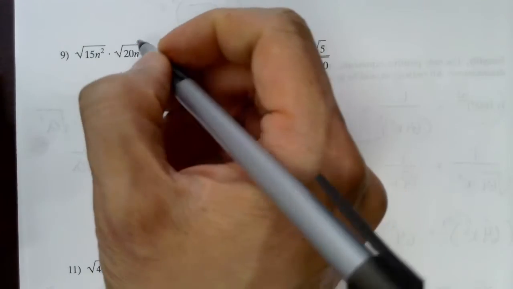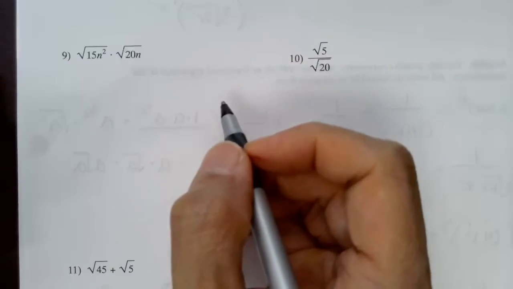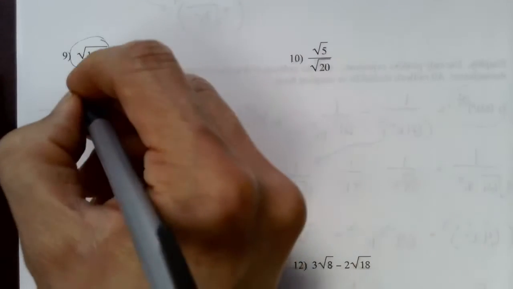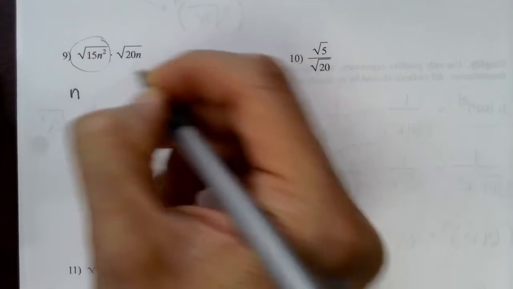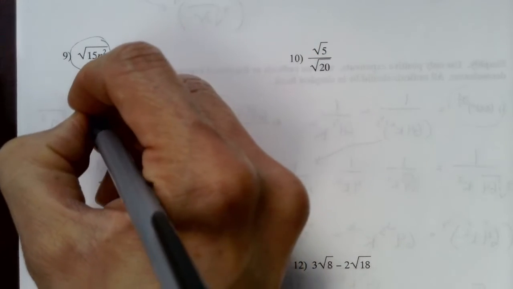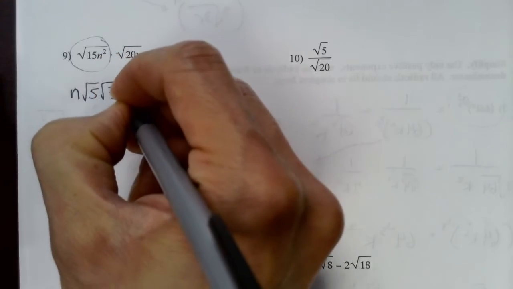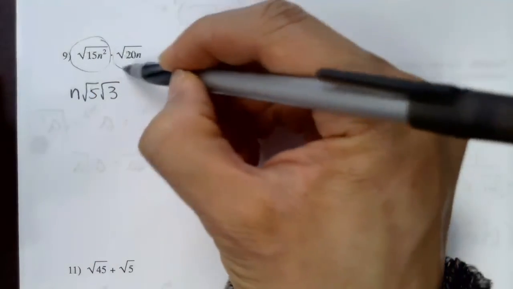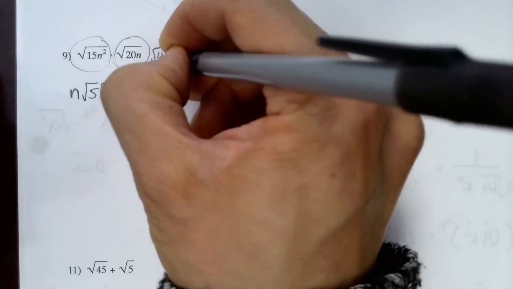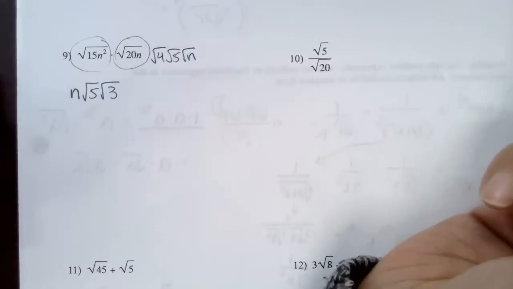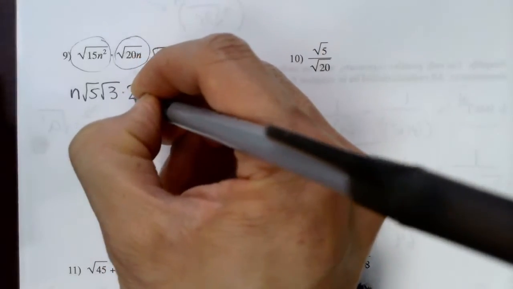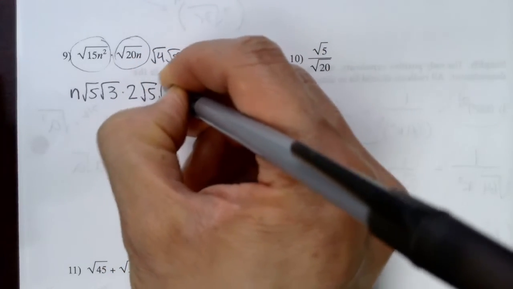Alright, so similarly over here, I have this one that can simplify as the n squared. Square root of n squared is n, so that's simple. Then I've got root 5 and root 3. Over here, this is 4 times 5, so root 4, root 5, and root n all multiply together. Root 4 simplifies to 2, and I've got root 5 and root n.